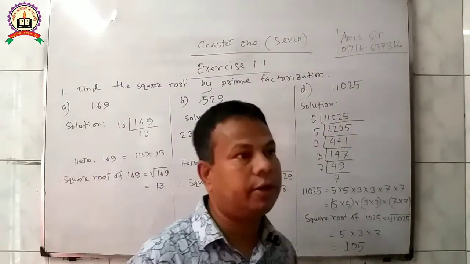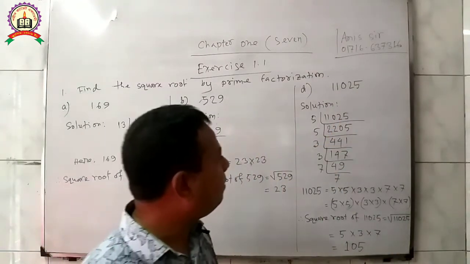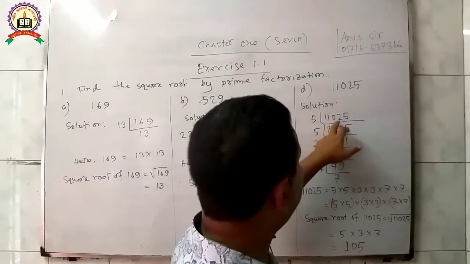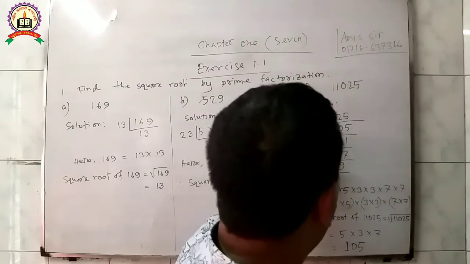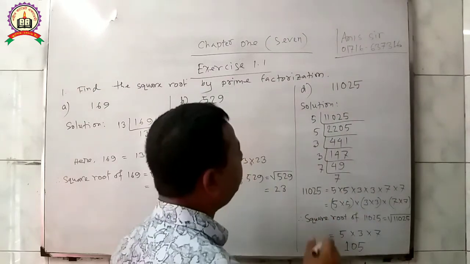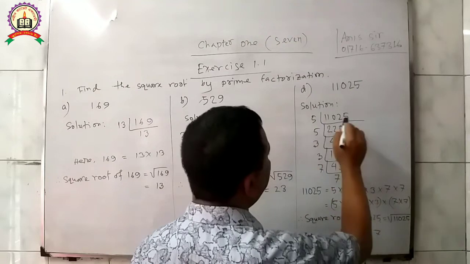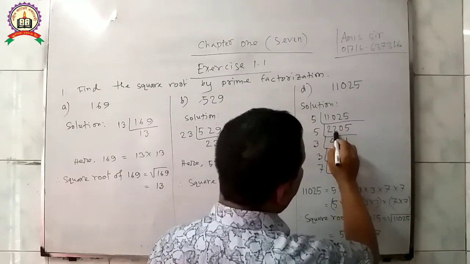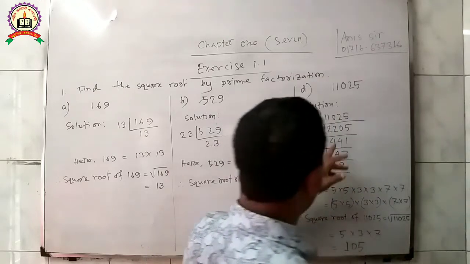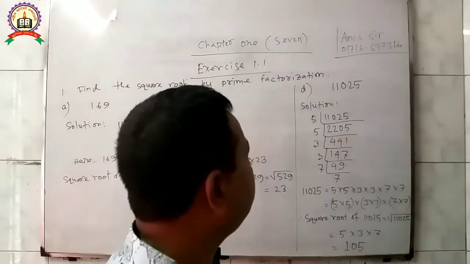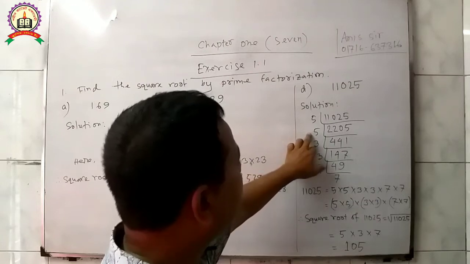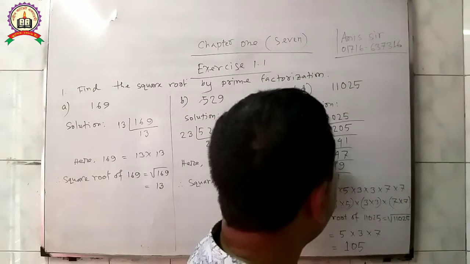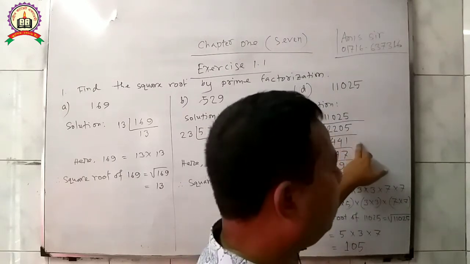At first we find the prime factors in this way. 11,025 divided by 5, then we get 2205. 2205 divided by 5 again, and then again by 5, and then we get 441.